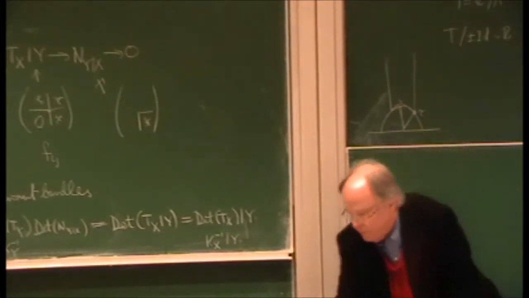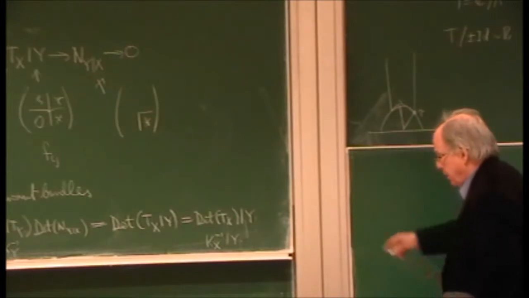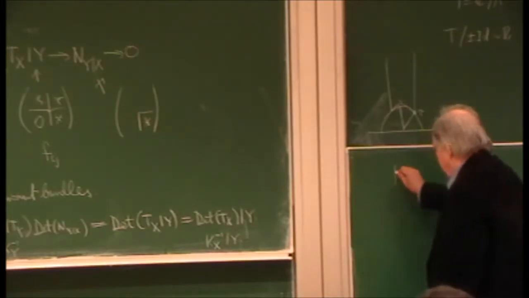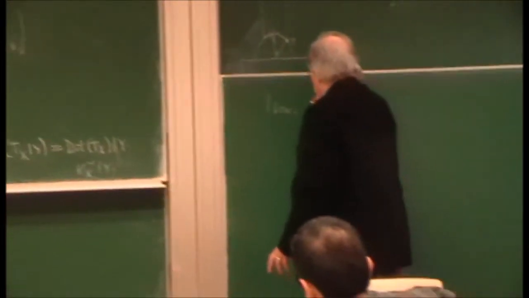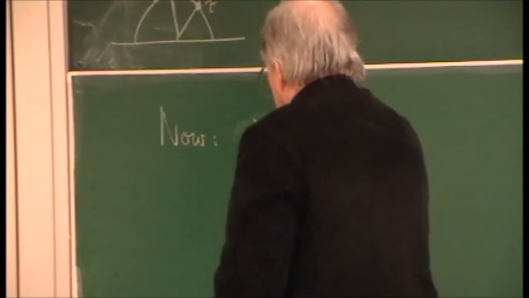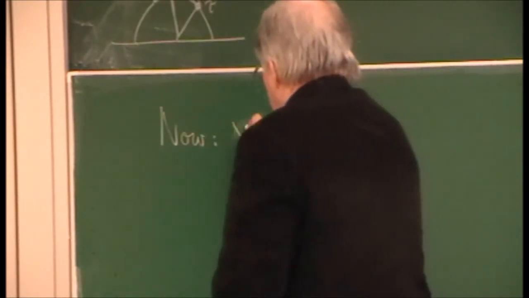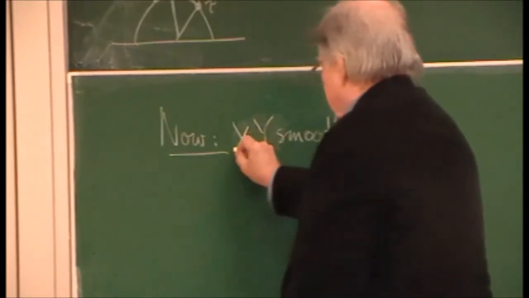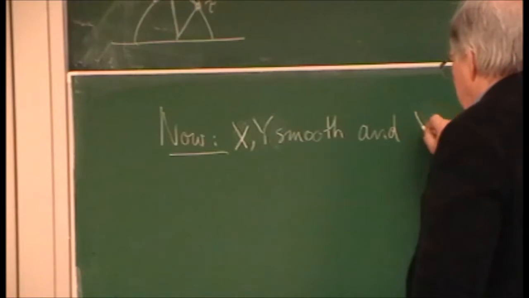So let's look at that again. So let me transform this. So now let's say that Y is smooth. So Y is smooth. Assume that. X, of course, is also smooth. X and Y are smooth. And let's assume Y is a hypersurface.